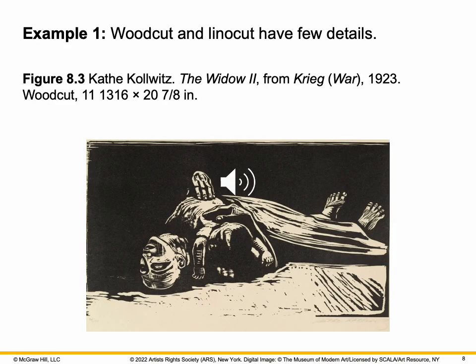Relief: woodcut and linocut have few details. With the introduction of engraving and other printmaking techniques discussed later in this chapter, woodcut gradually fell out of favor with European artists. Compared with these later techniques, it seemed coarse and unrefined.